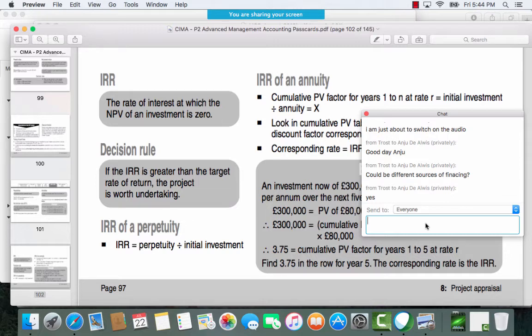Just what I am baffled about is one part of this. Say you have a new project. When you're computing the NPV, they will give you cash flows of 3 years or 4 years. Now this project will have an unlimited timeline. Why do you take 3 years or 4 years of cash flows?